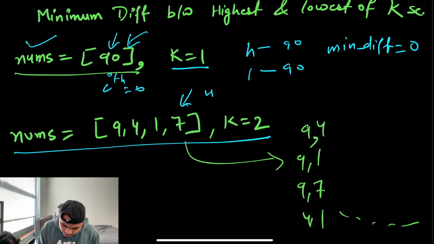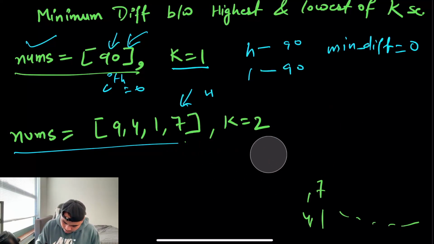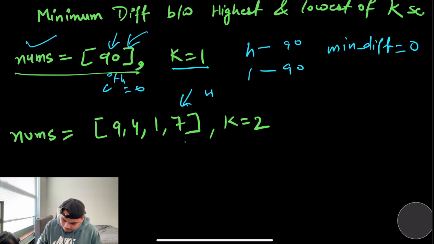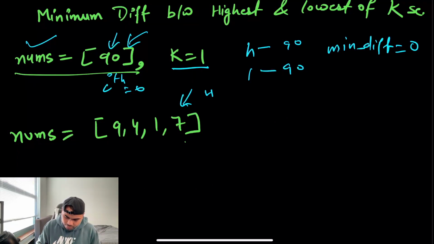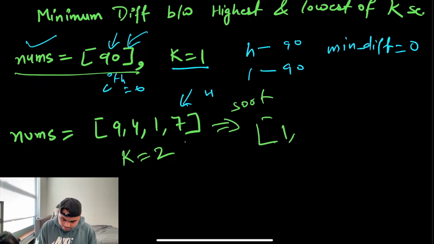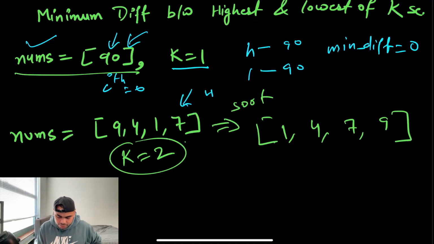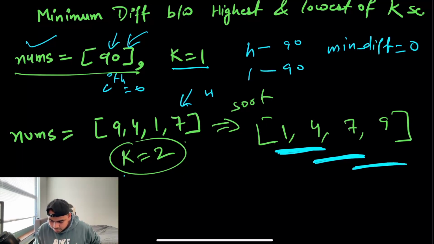So what I mean to say, let me just show you over here. If I sort my array, and remember k is equal to 2, the values will become like this, sorted. Now I will take my left pointer and right pointer. So this is the window that I'm creating, a window of size k. This is another window of size k, another window of size k, right?